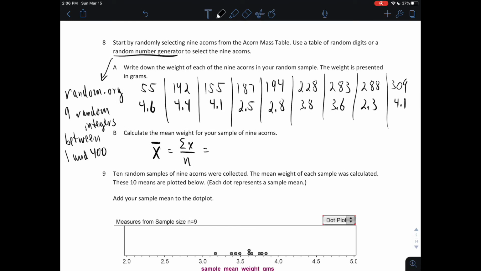So I'm just going to add up all of those weights, and then we're going to divide by 9. So the sum of all of those weights is 32.2, divide by 9, and we get approximately 3.578 grams.